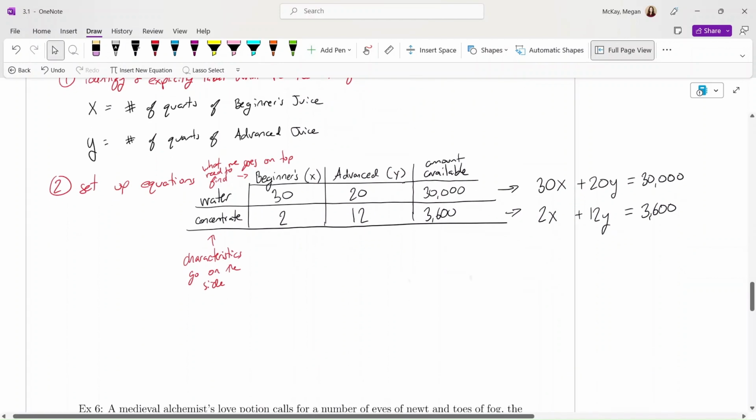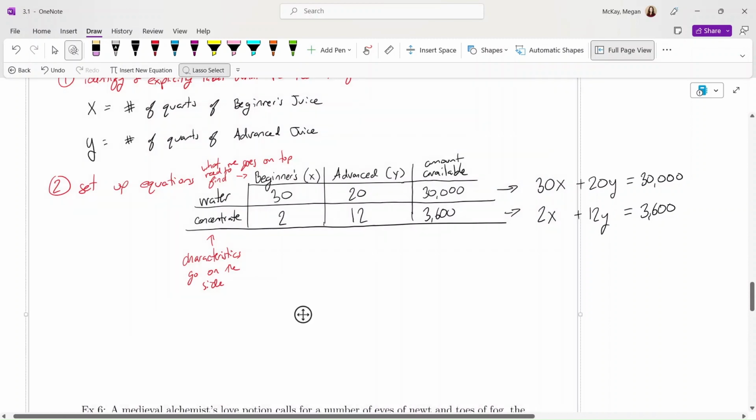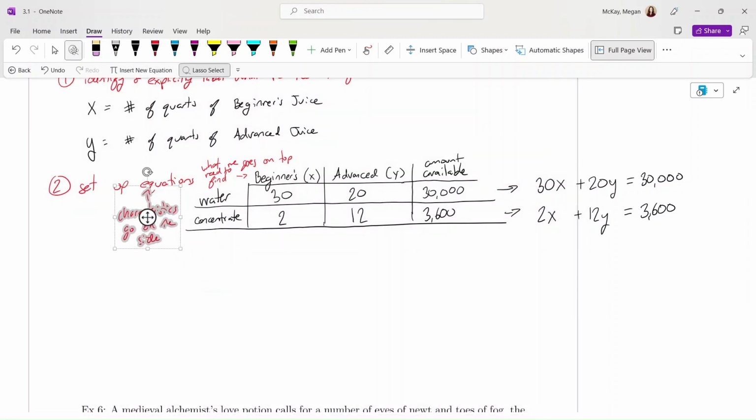Our third step now would be solving our system of equations. Let's see, I'm going to go ahead and move this comment over to the side here, to give us a little bit more room so we can write down step 3. We need to solve the system.